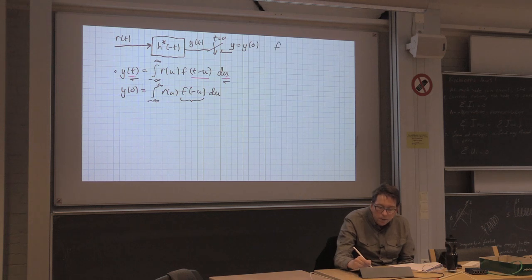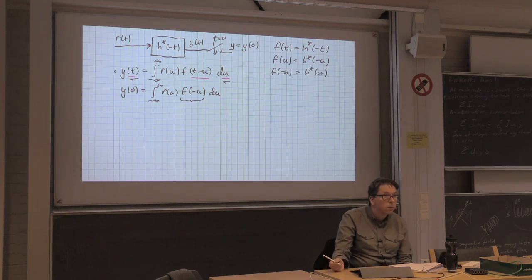Well, f of t is what's inside this box here, namely h conjugate of negative t, which means that f of u is h conjugate of negative u, which means that f of negative u is h conjugate of u.